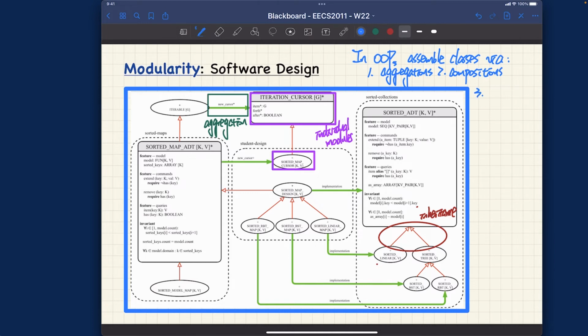And number 3, inheritance. All right, let me now highlight it: aggregation, composition, and also inheritance. That's how you assemble different classes together. And overall, we said it's an architectural diagram.